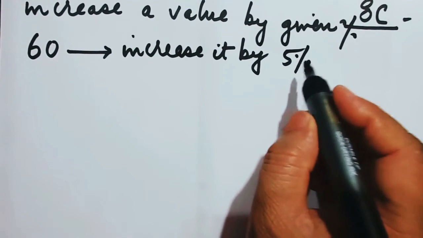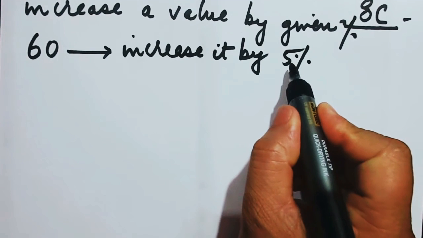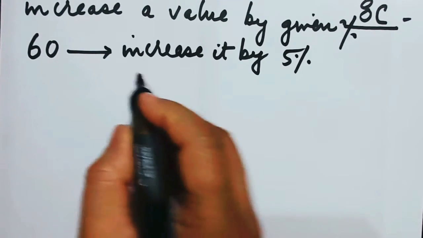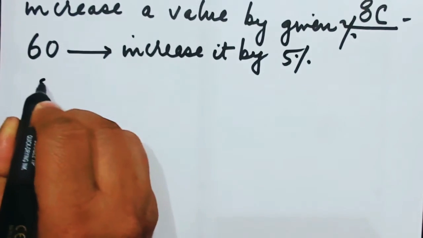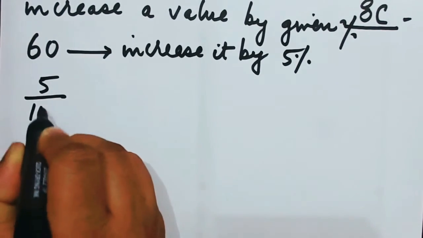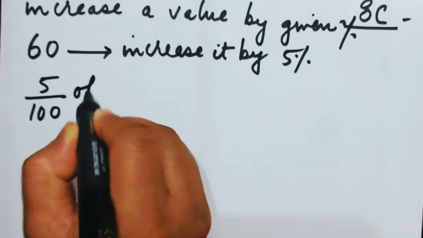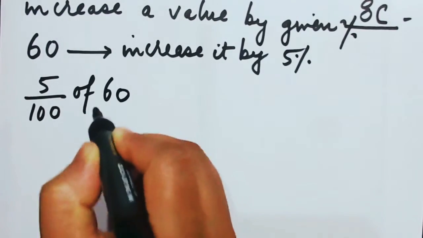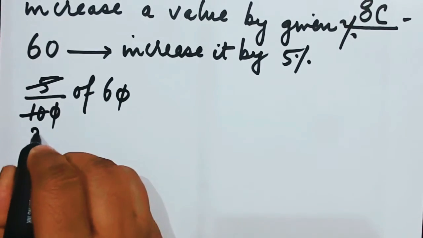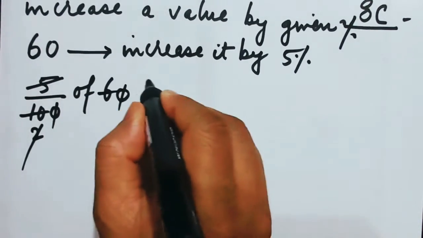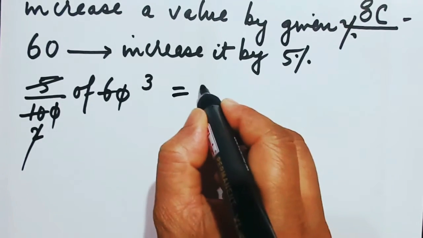Now, 60 is to be increased by 5%. This means at first we are going to find out the 5% value of 60, which will give you 3.